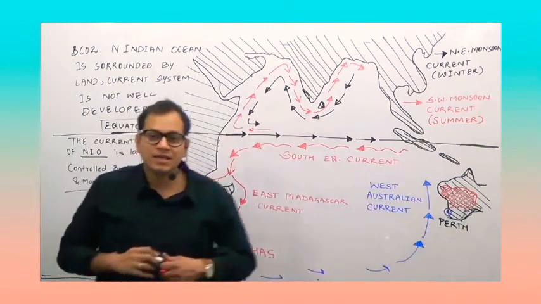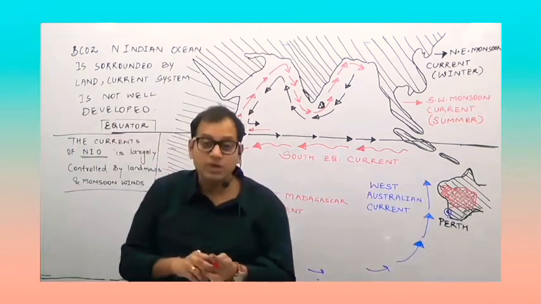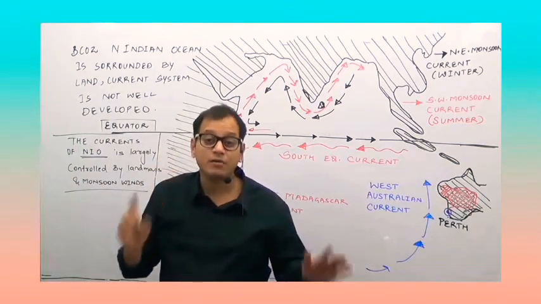So these are the current systems of the Indian Ocean. No doubt, the northeast monsoon current is also, you keep in mind, a warm current.